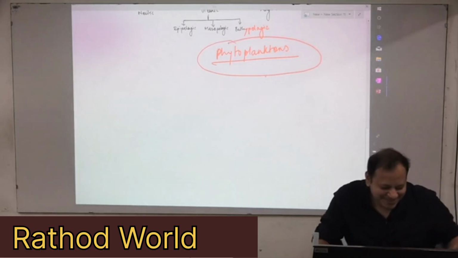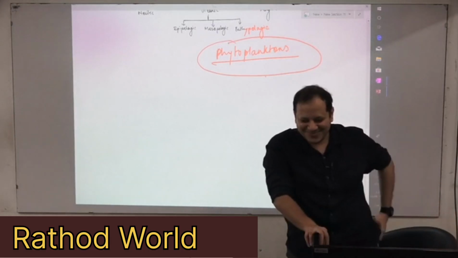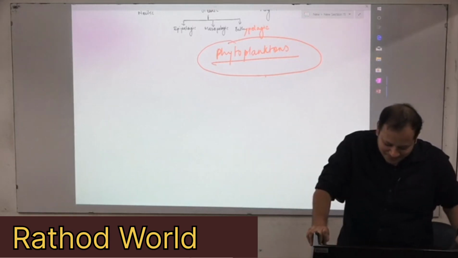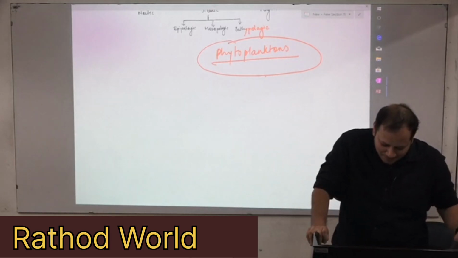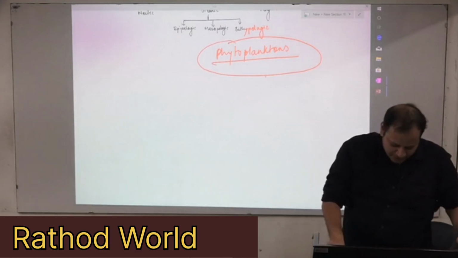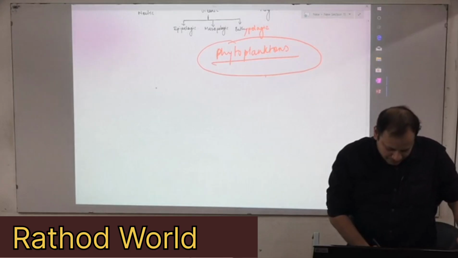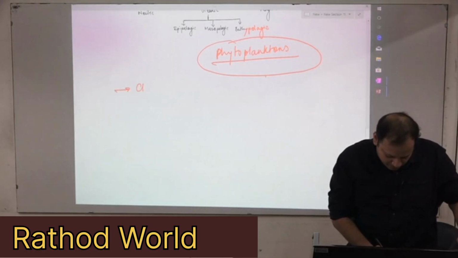Next point. Classification of ocean habitats into coastal and oceanic habitats. Take it in points only.